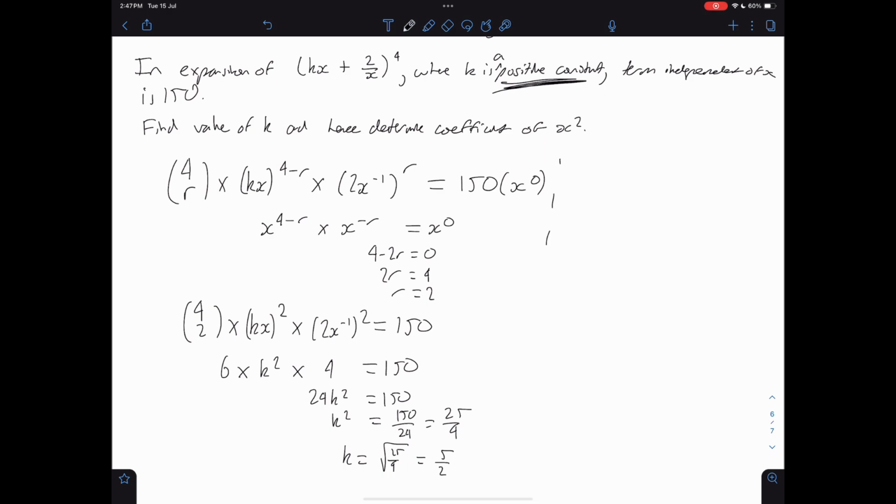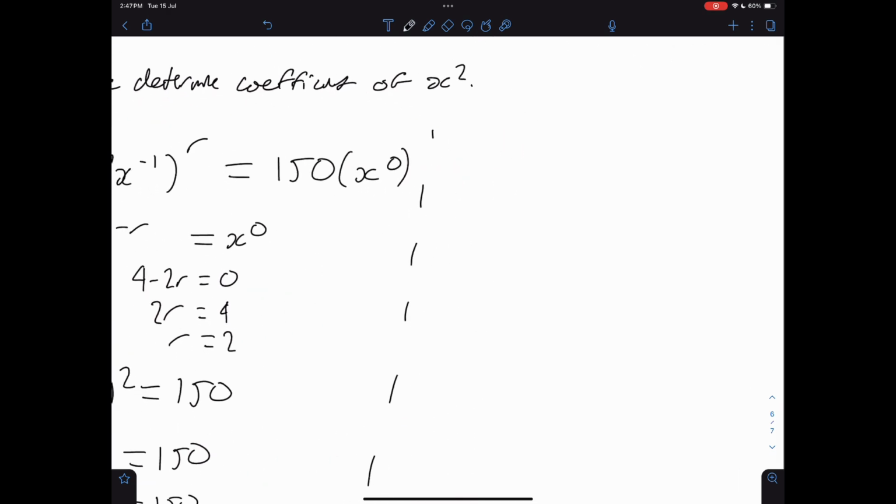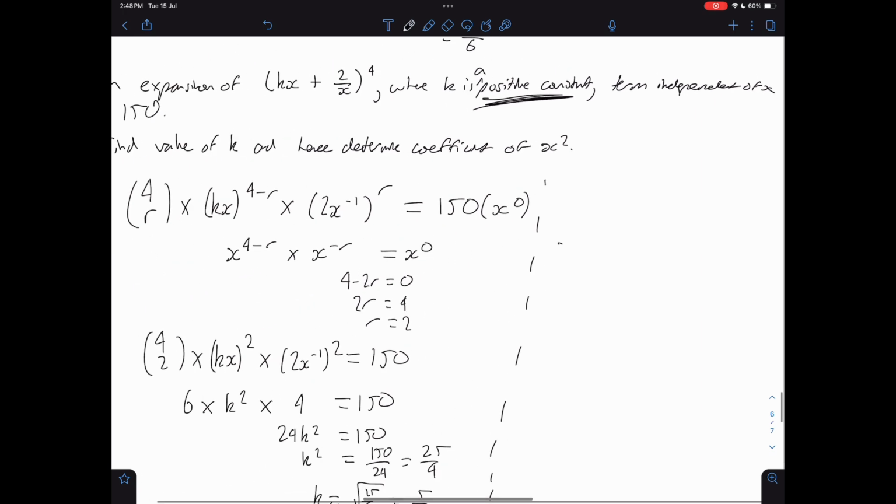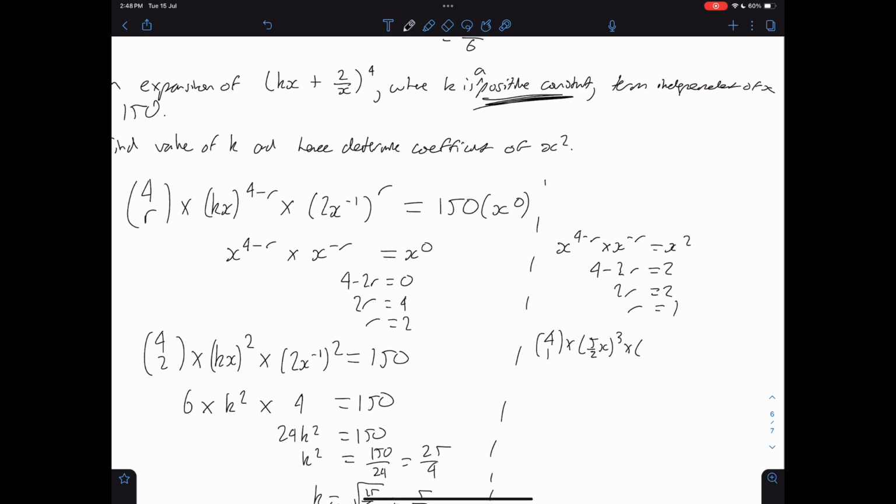Then for the second part of the question, we'll just do that down the side here. We want to get x squared. So we have the same thing: x to the power of 4 minus r times x to the power of minus r to equal x squared. 4 minus 2r is going to equal 2 this time, and that means 2r is going to equal 2 and r is going to equal 1. So then we just change all the 2's in the previous one for 1, so now 4 minus r is going to equal 3.